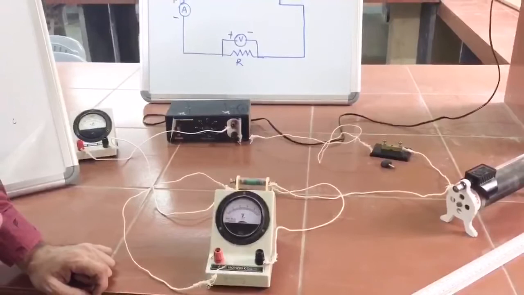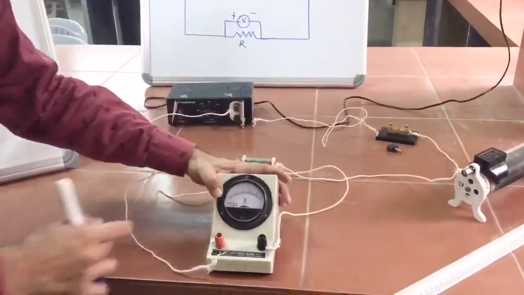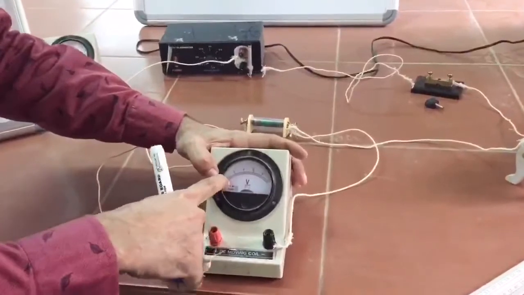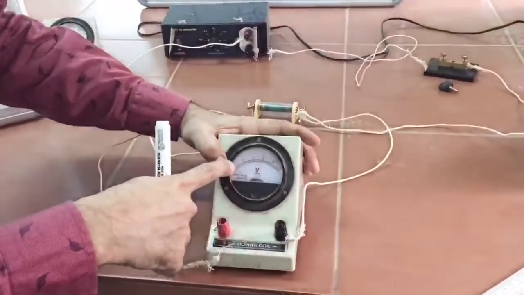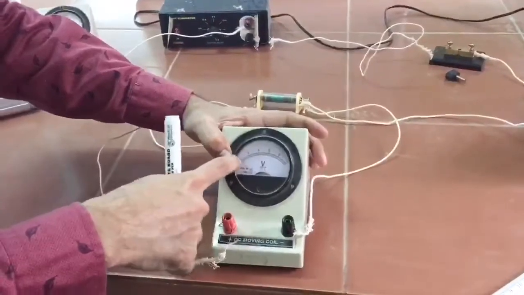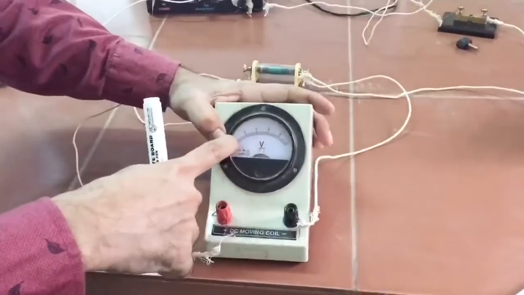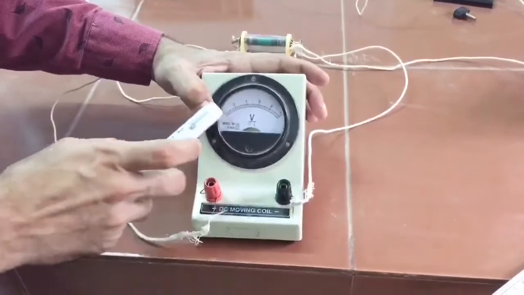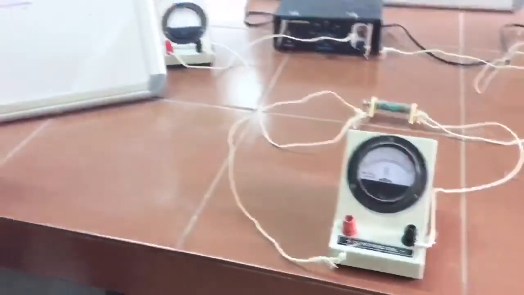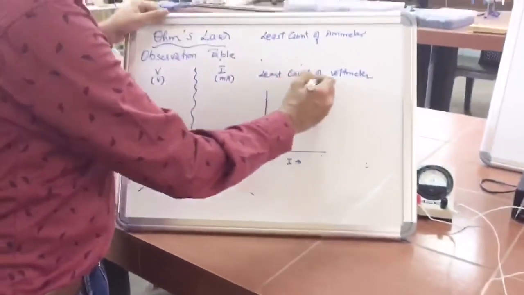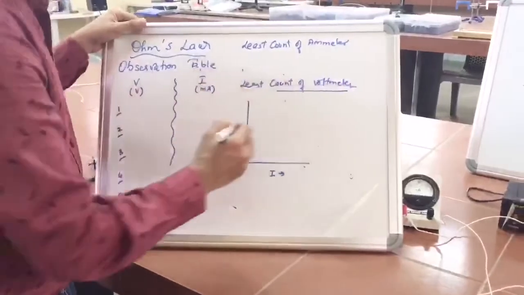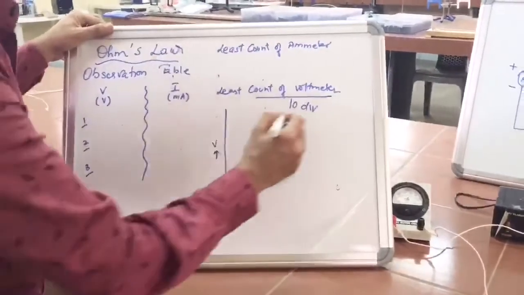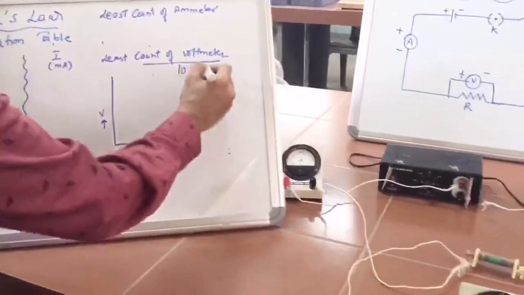If you look closer at the voltmeter, it starts from 0 and ends at 10. If you focus on 0 to 2 and count the number of lines between 0 and 2, the total number of lines is 10. So to calculate the least count of the voltmeter, 10 divisions are equivalent to 2 volt.